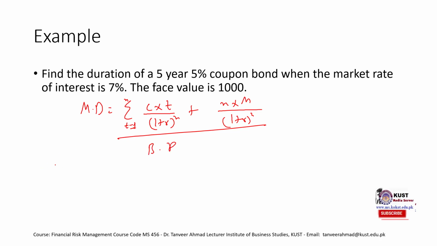So if you first find this part of the equation, that would be finding the present value of each cash flow.